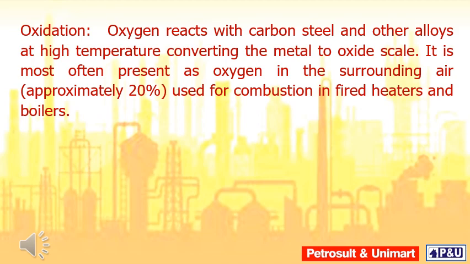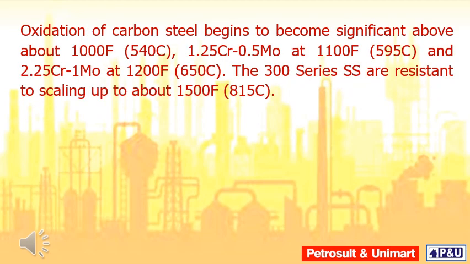Oxidation. Oxygen reacts with carbon steel and other alloys at high temperature, converting the metal to oxide scale. It is most often present as oxygen in the surrounding air, approximately 20%, used for combustion in fired heaters and boilers.